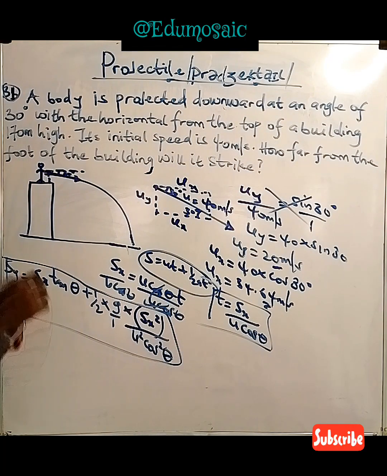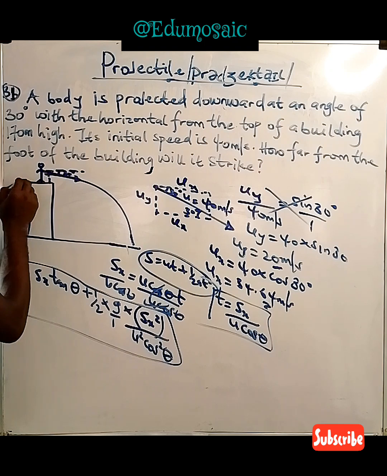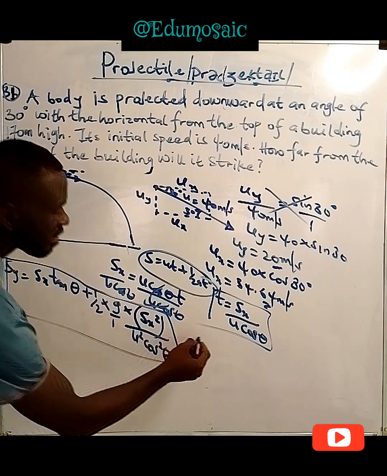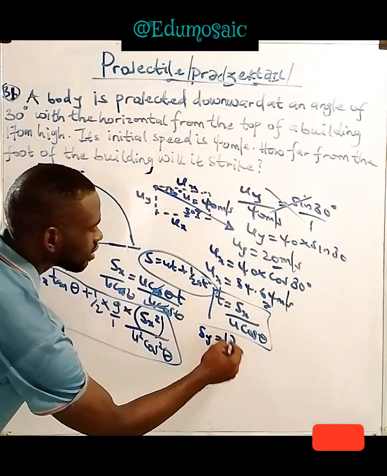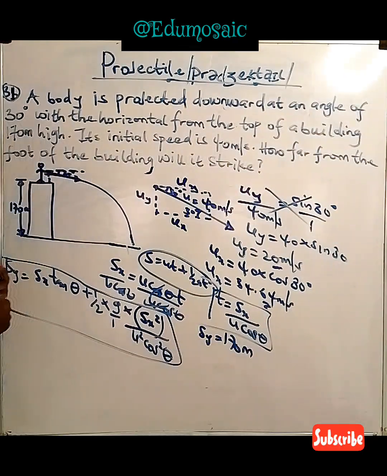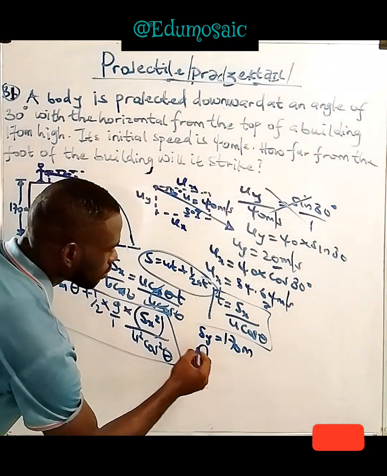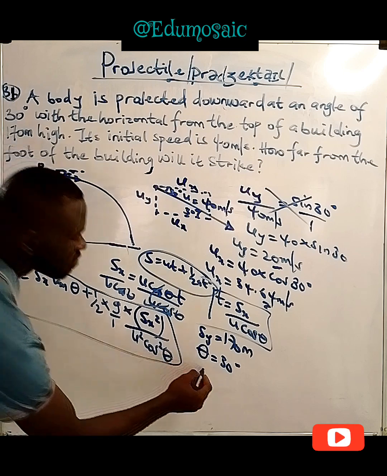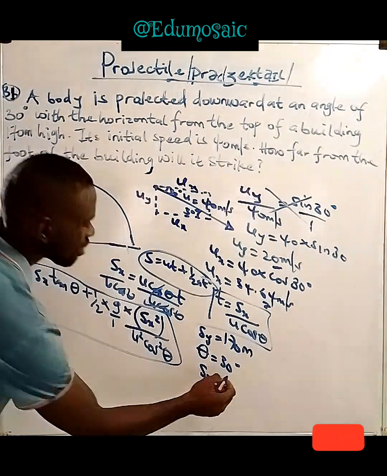Now, the building is 170 meters high. This is a 170 meter tall building. So right away, we know the distance along the y-axis to be 170 meters. The angle of projection is 30 degrees. So what we have to get is the distance along the x-axis. That's what we're about to get.